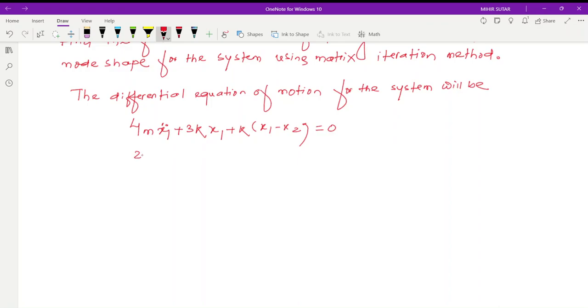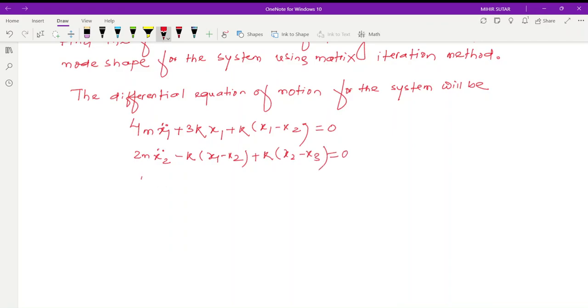Then we'll have 2m x2 double dot, okay, minus k of x1 minus x2 plus k of x2 minus x3 is equal to 0.